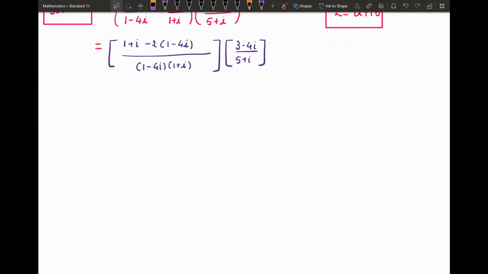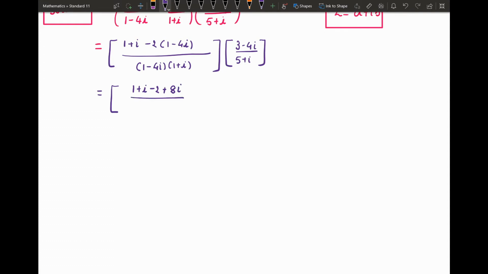Now we simplify. In numerator 1 plus i minus 2 minus minus plus 4 into 2, 8i.